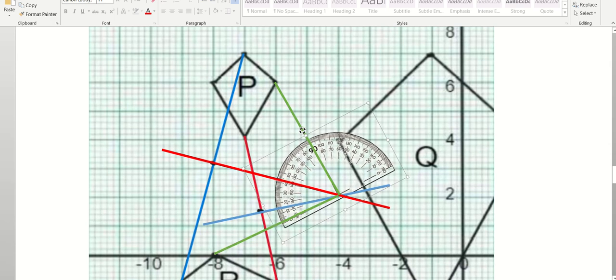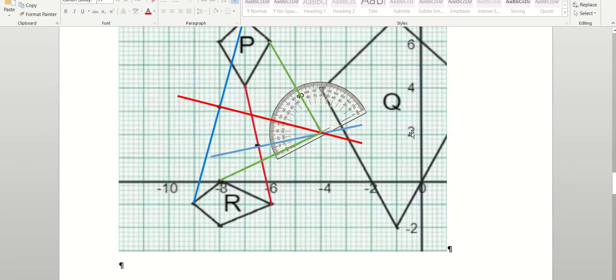We want it to fit. Now we can see that those two green lines make up a 90 degrees angle. So this object P and R has rotated 90 degrees in an anti-clockwise direction. All right, let's zoom out.